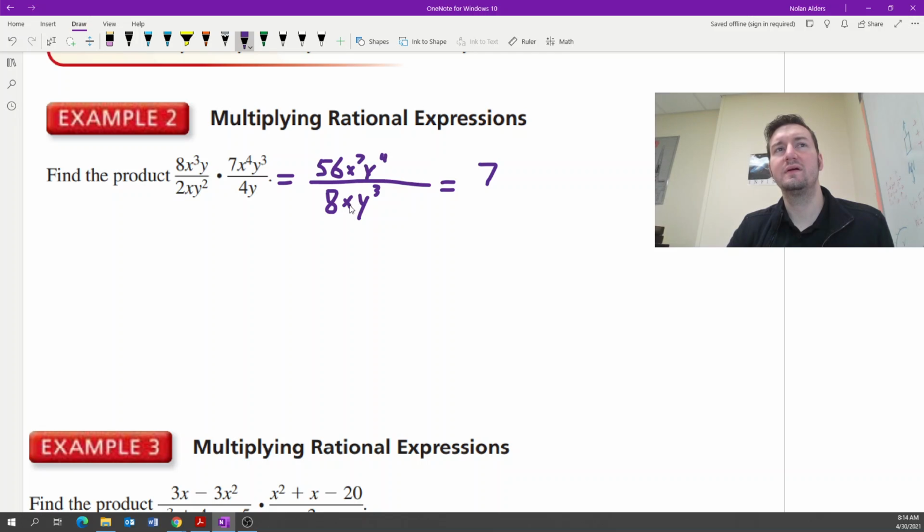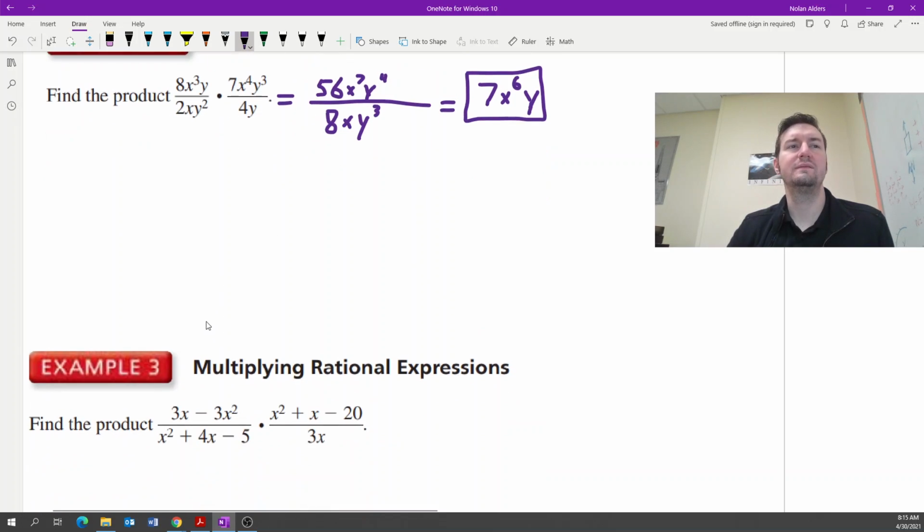X to the 7th over x, one of those x's can cancel, so we'll just be left with x to the 6th on top. We have 4 y's and 3 y's down here, so 3 of those y's can cancel, so we'll just be left with 1 y in the top. And then that's it. Since everything's in the numerator, this right here is our answer.